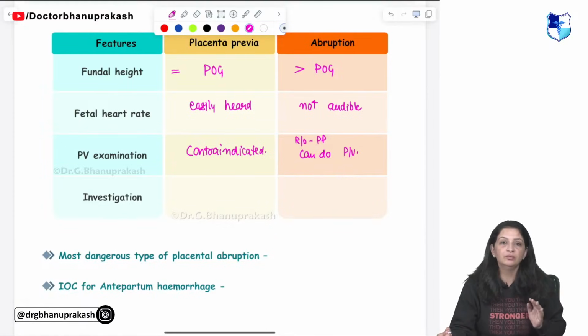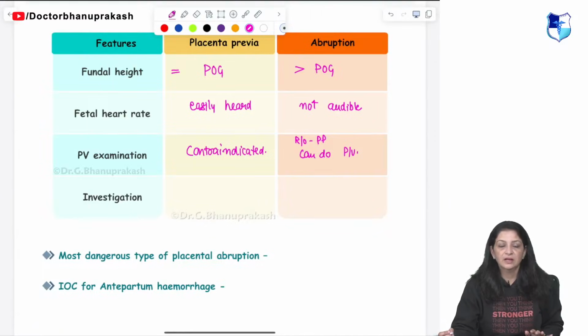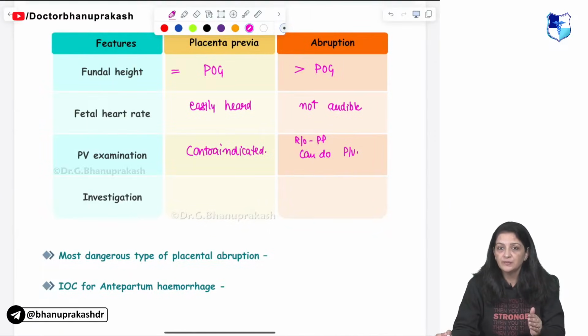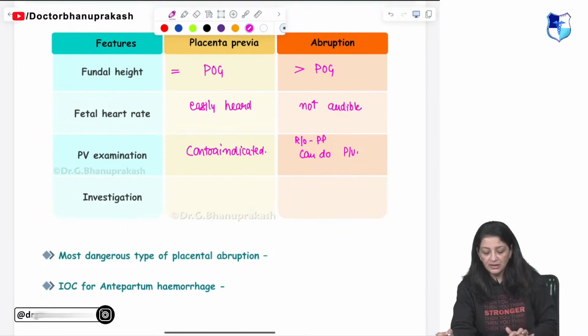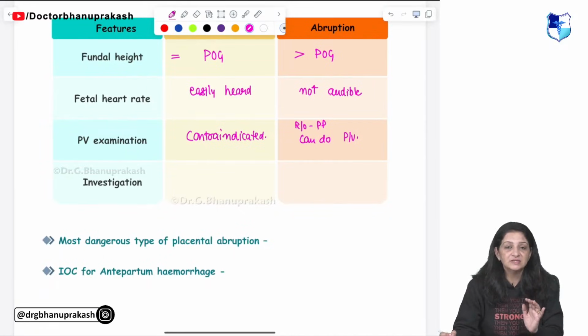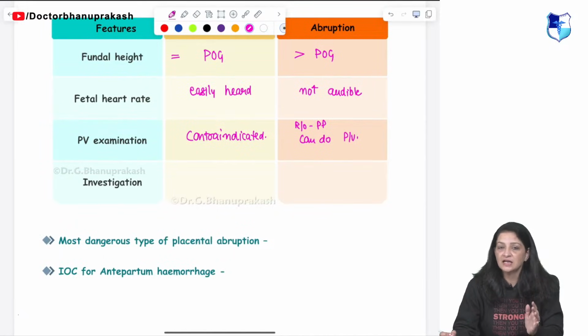We even have to do PV examination in case of abruption, because in abruption, the patient will come with a hard tender uterus, sometimes almost with uterine contractions. What happens in abruptio placenta is that after separation of placenta, there is a release of thromboplastin.